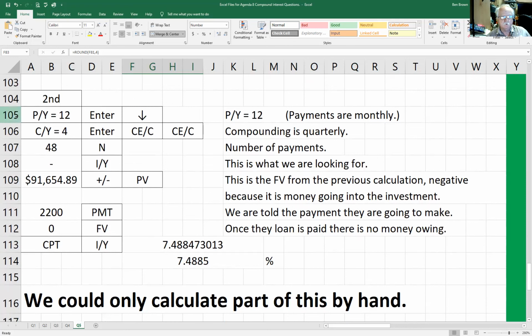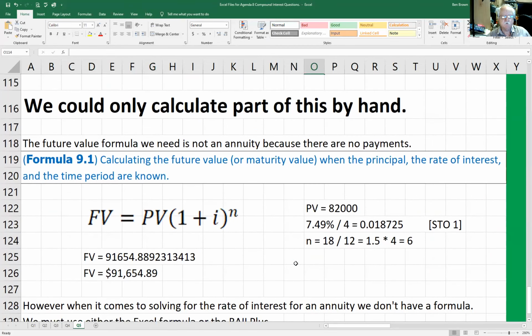So we can solve for the interest, and we use the value we just calculated. Notice the BA2 Plus is much nicer than Excel again. It actually comes up with the answer we want without a massive process of interpreting it. And again, we have the same problem.